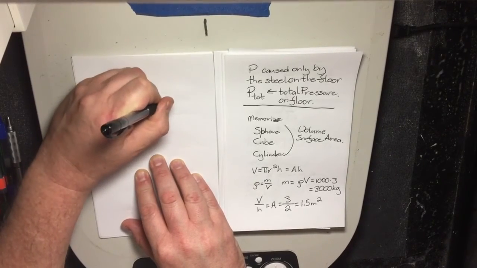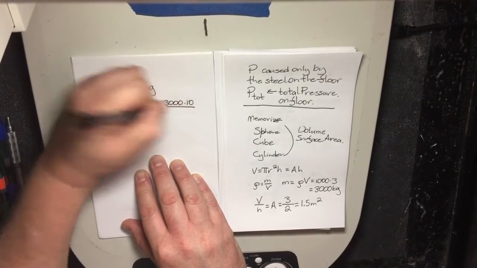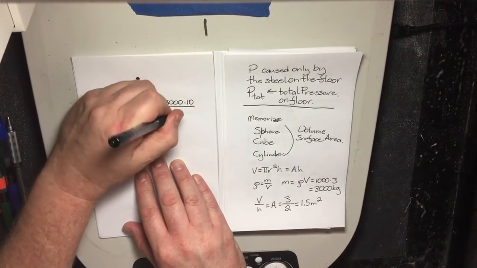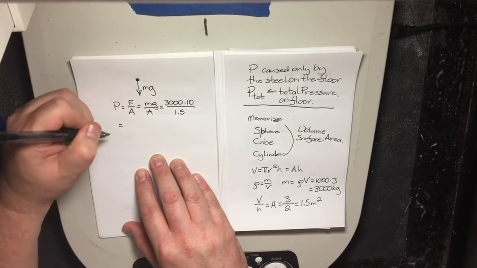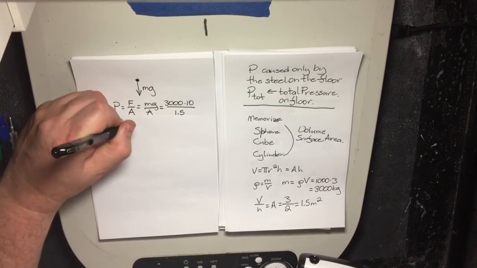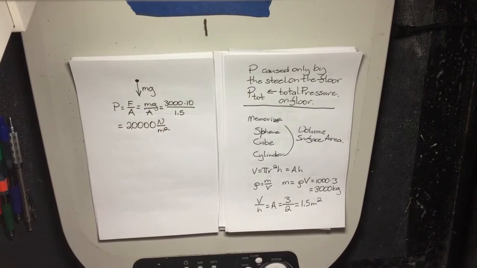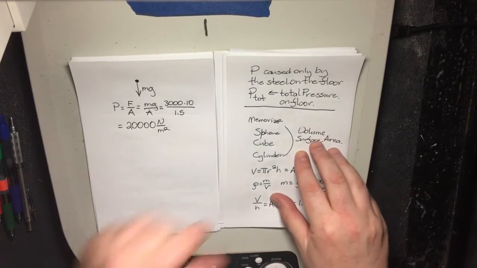So mg is 3,000 times 10, divided by 1.5, and 30,000 divided by 1.5 is 20,000 newtons per square meter. That's the pressure of the cylinder on the floor, caused only by, I'm sorry, it's not steel, it's water.